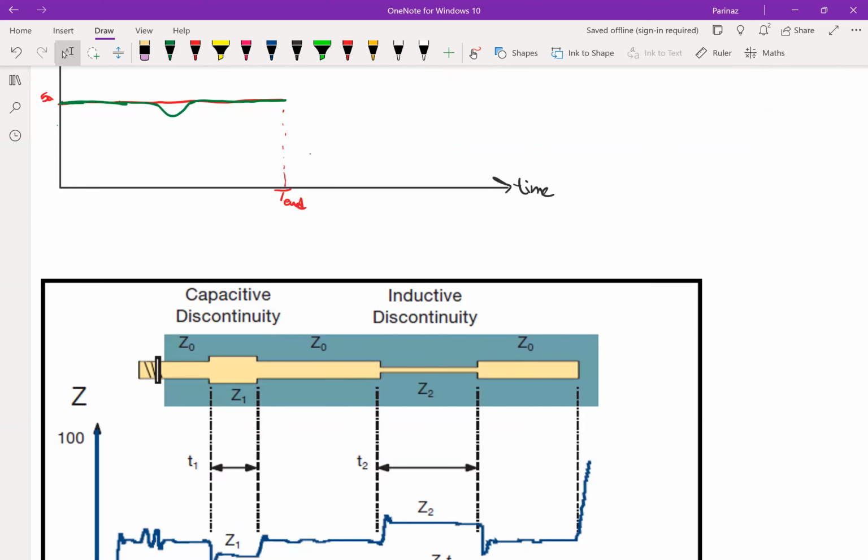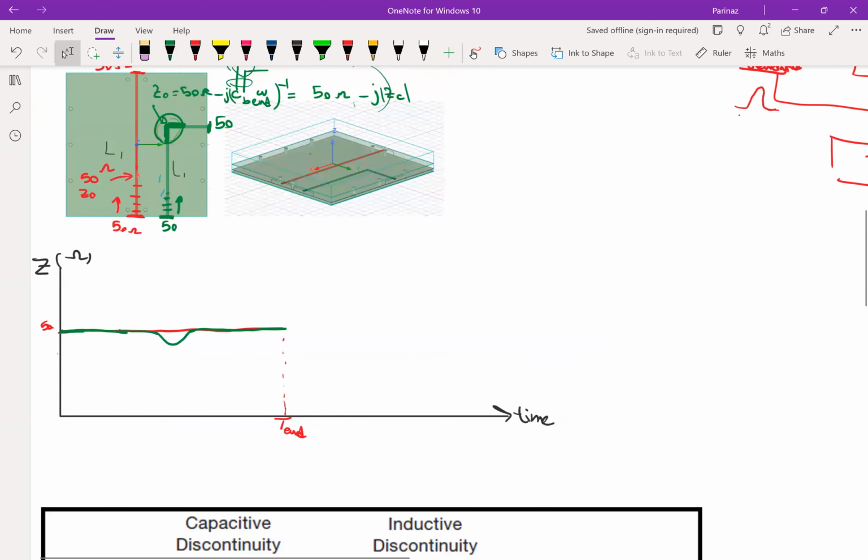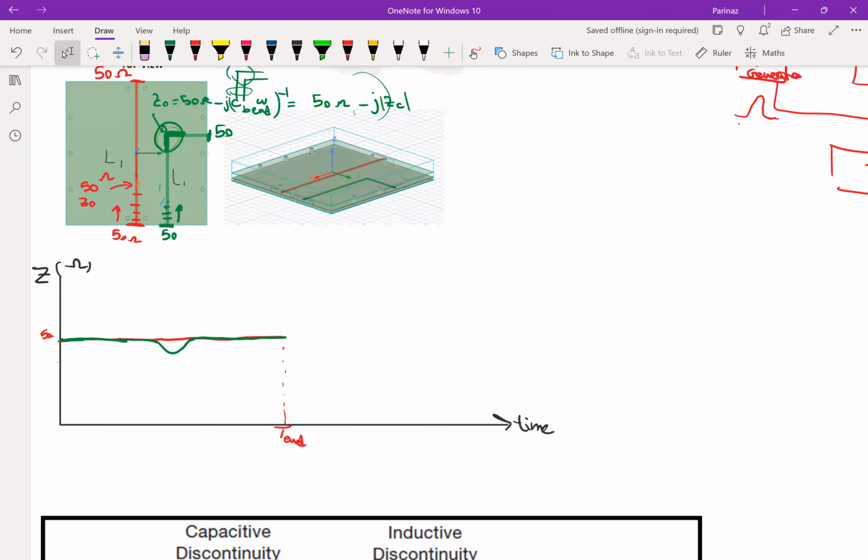For example, here, before we had a physical change on the line, like the route of the signal change, right? And you could see how it impacted our impedance, right? And imagine on a PCB in high speed, everything is about electromagnetics. Everything is a transmission line, basically.